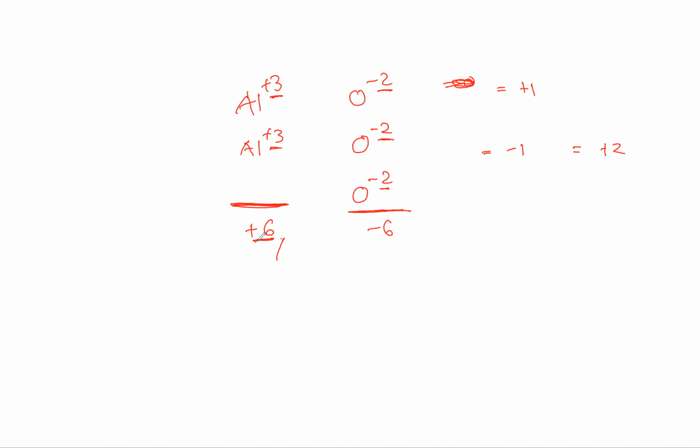So you see, by adding more and more aluminum and oxygen, at one moment I get the same positive and negative charge, where the total is going to be 0. And once you figure that out, you know how many aluminum to use: 1 and 2. So there are 2 aluminum and 3 oxygen. Oh, so you're finding the least common multiple.